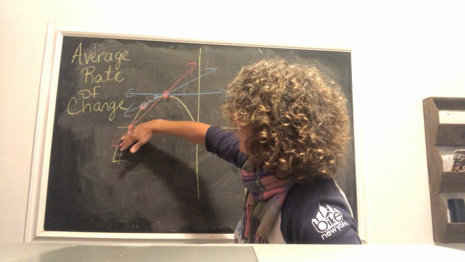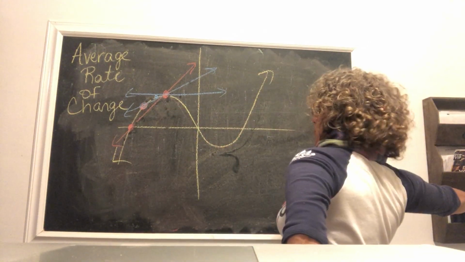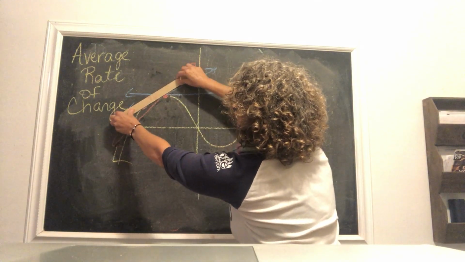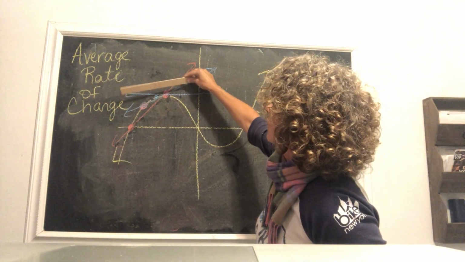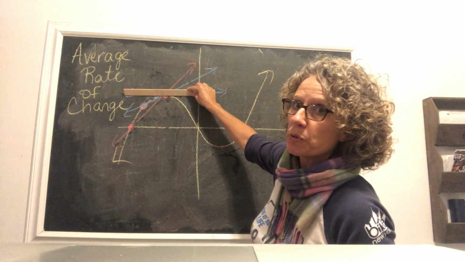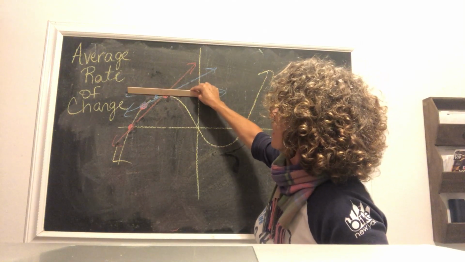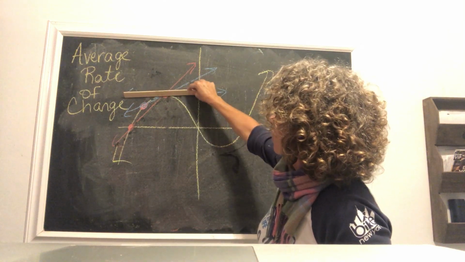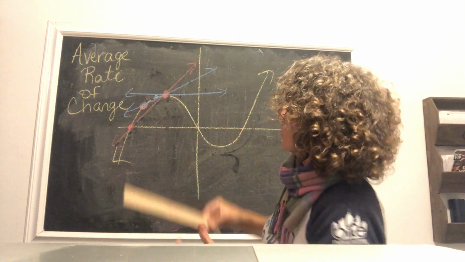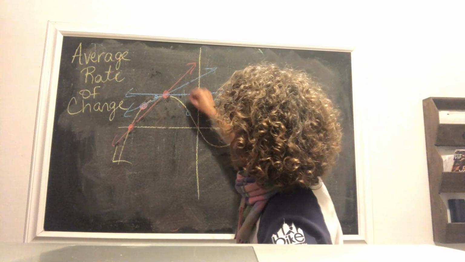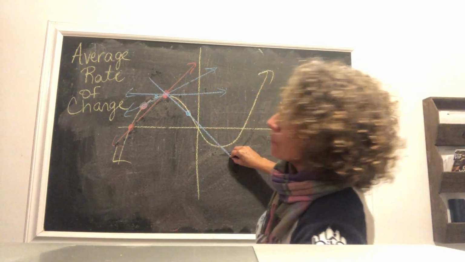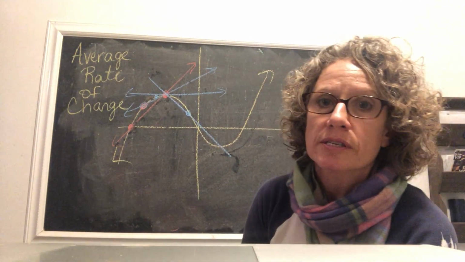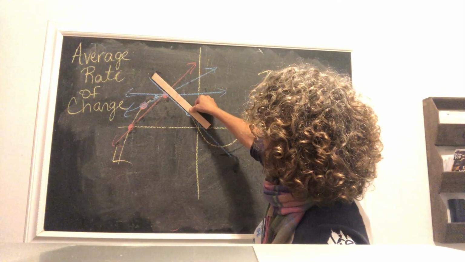So as the line moves through the curve, each time I take a different domain interval, my rate of change will be different between those two points. All the way through the curve, it's going to be different. Now, when the curve is decreasing, this average rate of change is going to be negative because the slope of this line connecting those two points, which is the secant line, is negative.